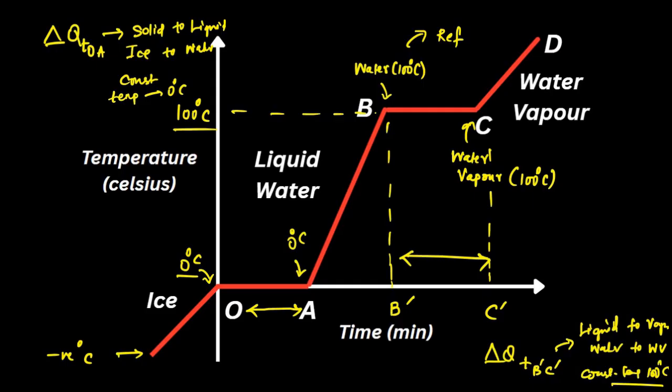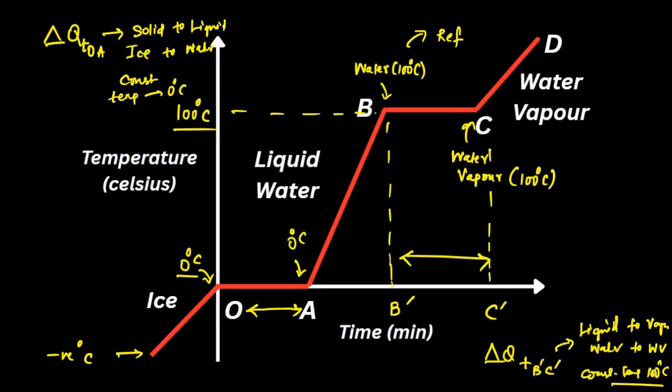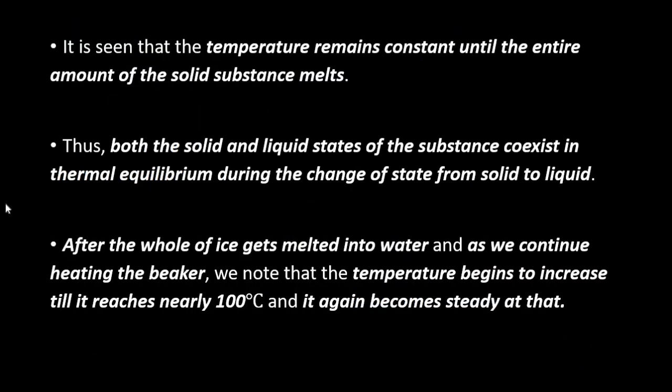So here there are two important points. At point O, both the solid, that is ice, and water states, solid and liquid states of the substance, coexist in thermal equilibrium.